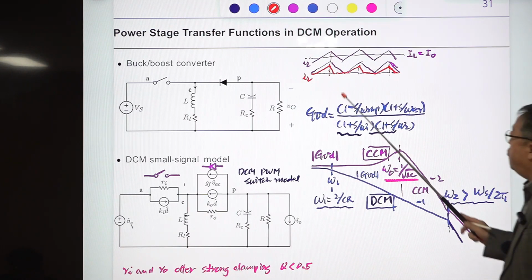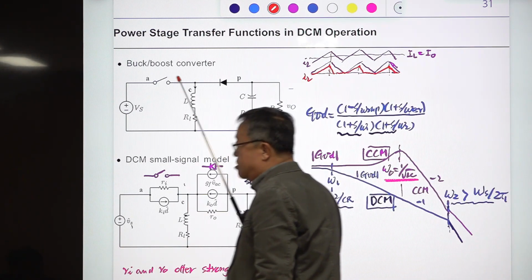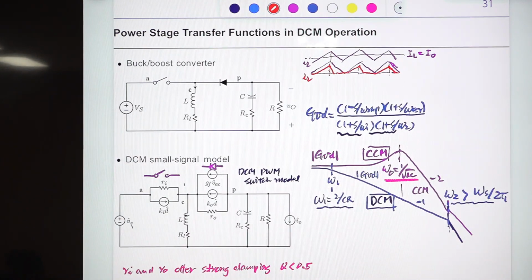So for this case, this is the buck boost converter example. So assume this is a PWM switch. Of course, this is the PWM switch, but the converter is in discontinuous operational mode.